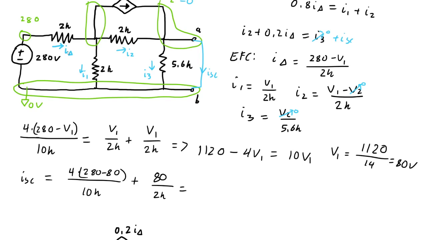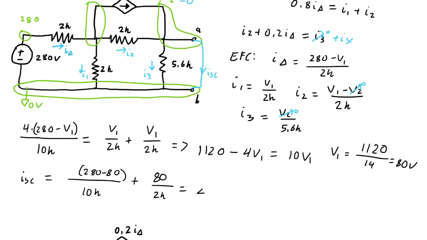Yeah, so V1 makes sense. Let me just make sure I'm doing this right. Oh, I know what I did. I did 0.8 instead of 0.2. So yeah, it should be 200 divided by 10,000, because it's 0.2, which means divided by 5. Yeah, so 280 minus that.